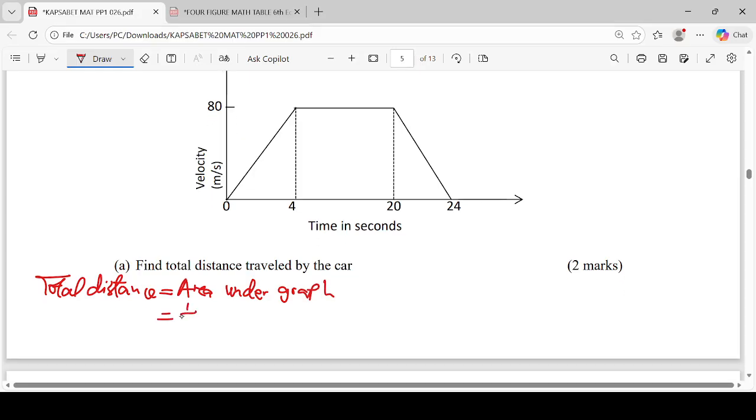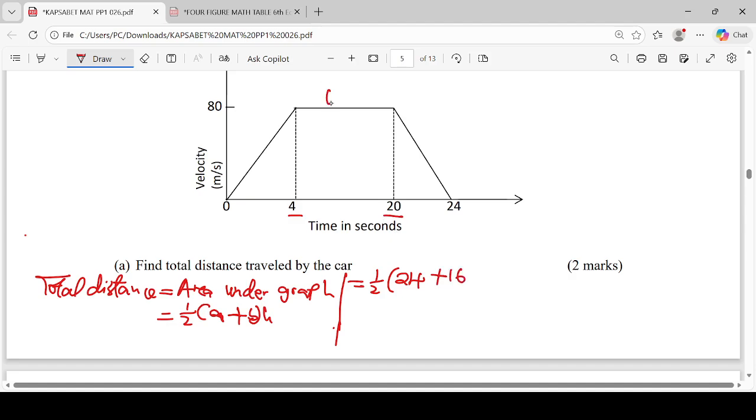So it's going to be a half into A plus B times H. So bearing that in mind, we are going to have this as a half into our A is 24 plus our B, this is 4, this is 20. 20 minus 4, that's 16.